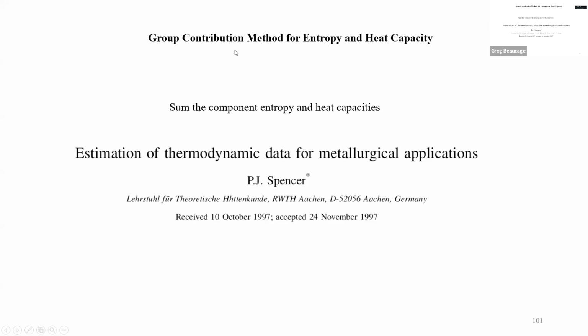This group contribution method is throughout thermodynamics. It's kind of a cheating method to get numbers: enthalpy, entropy, heat capacity, free energy. The Dutch kind of invented this idea, I guess. Anyway, it's not a complicated idea.